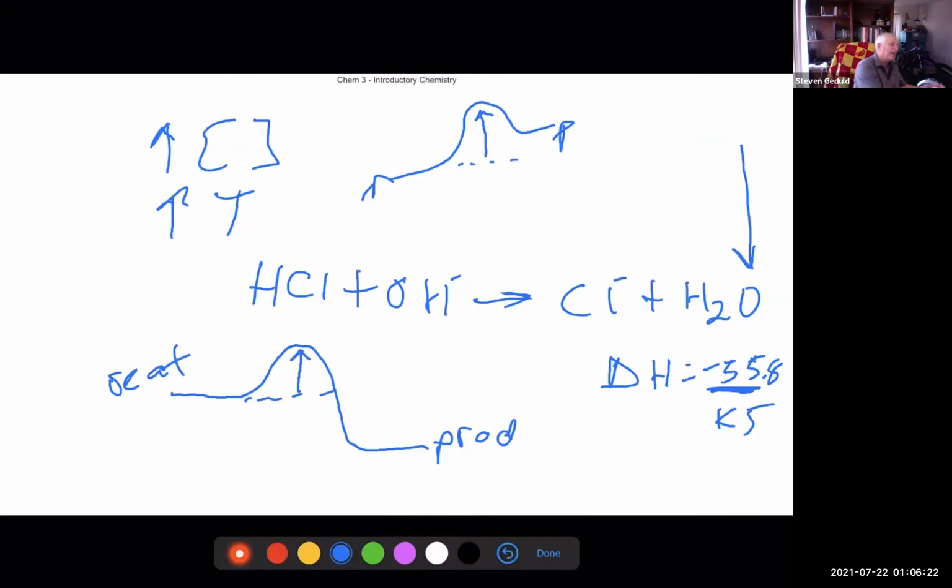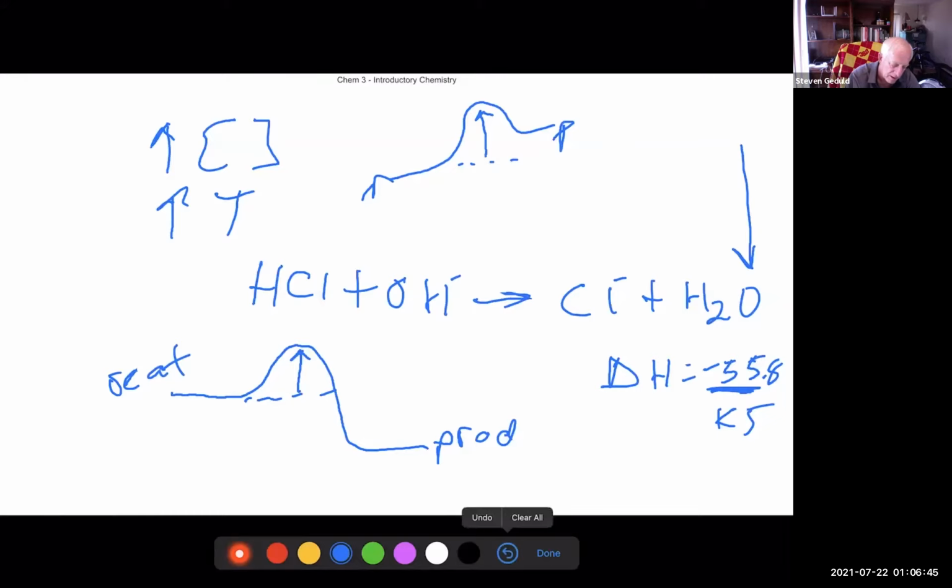A catalyst will not change the overall amount of reactants and products at equilibrium. What it will change is how fast the reaction gets there. What a catalyst does is lower the activation energy to make the reaction occur quicker, and it is regenerated in the process.